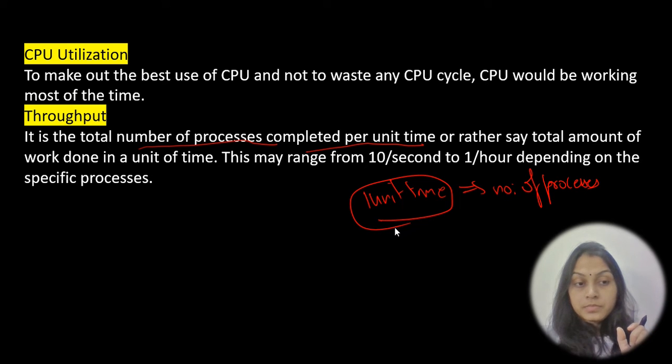I hope you understand the exact meaning of throughput. Throughput is nothing but how much work has been completed in one unit time. It's per unit time: how much work is being completed, that is, how many processes have completed their execution. So that is throughput.